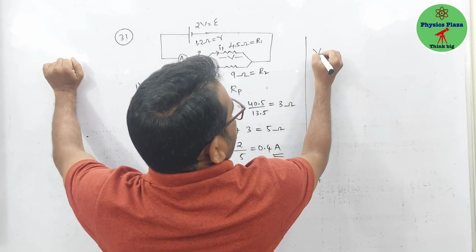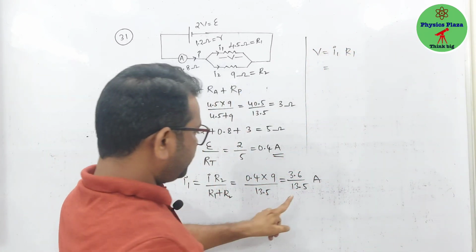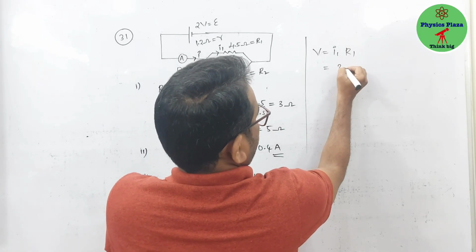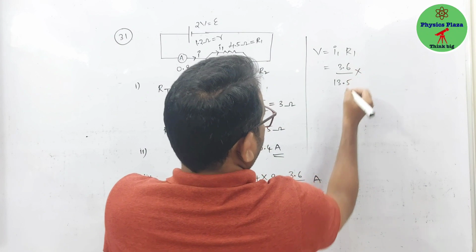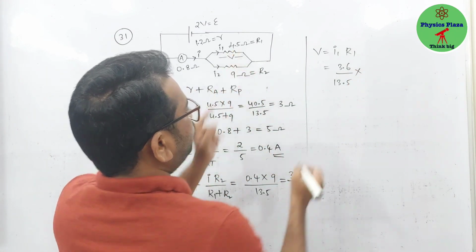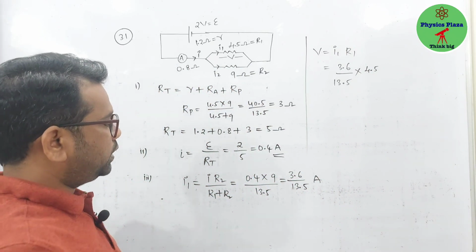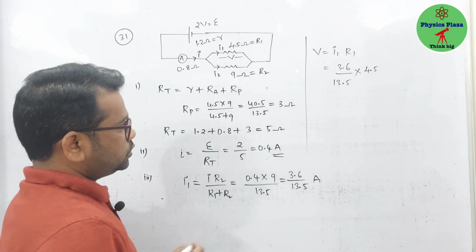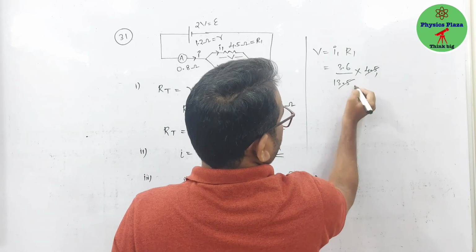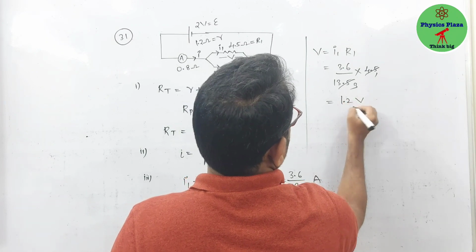So V is equal to I1 into R1. So you can substitute the I1 value, 3.6 by 13.5, into R1, which is 4.5. So now you can multiply with 4.5. So 4.5 ones are 4.5, threes are 13.5. So 3.6 by 3, that is 1.2 volt.